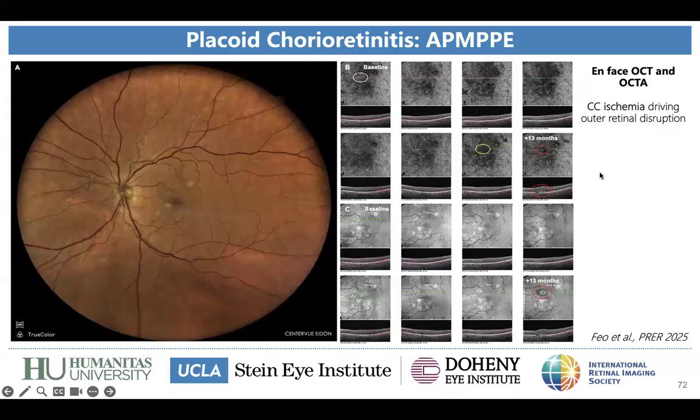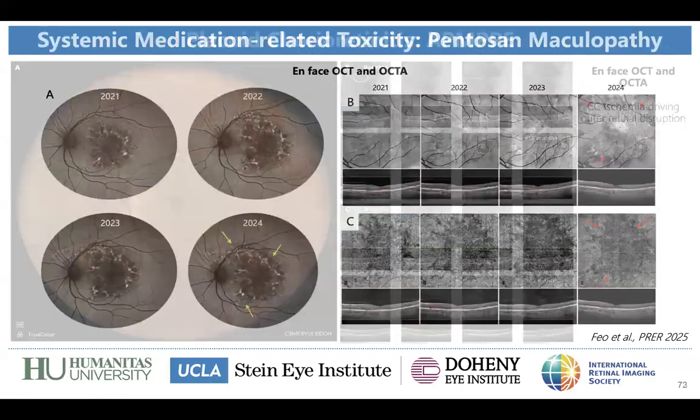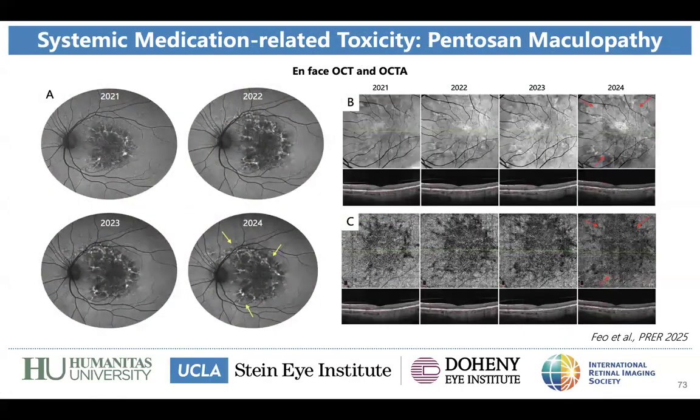This same concept of coupling ANFAS-OCTA and ANFAS-OCT can be applied also in the context of toxic maculopathy, for example, such as pentosan or Elmiron maculopathy. And in these cases, we can actually see the progressive increase of the FAF alterations with 3 or 4 years of follow-up.